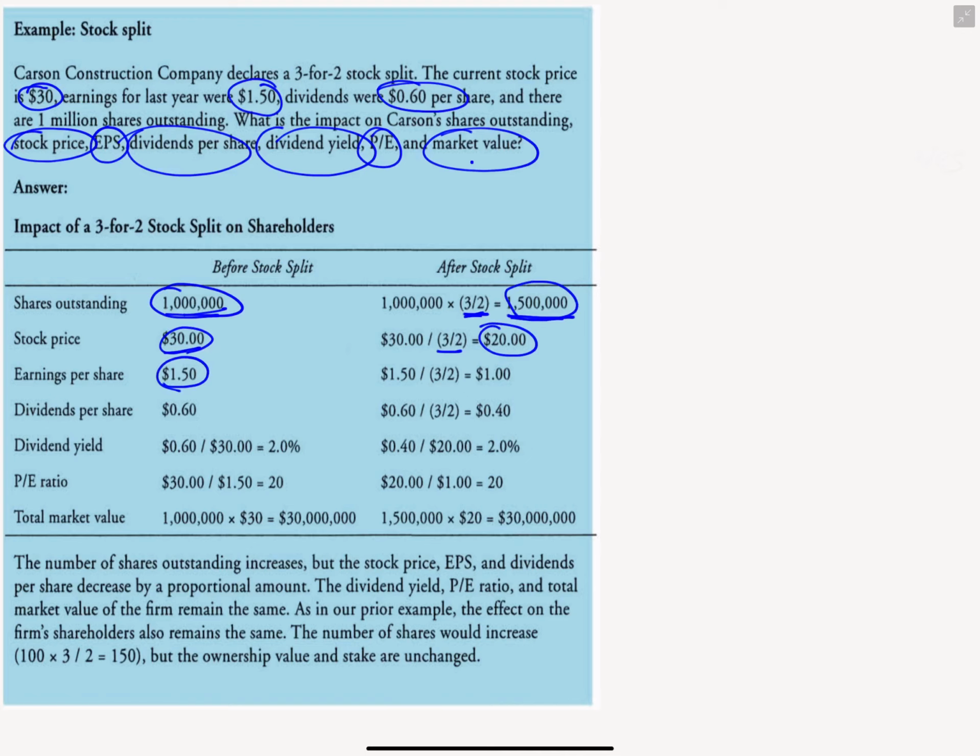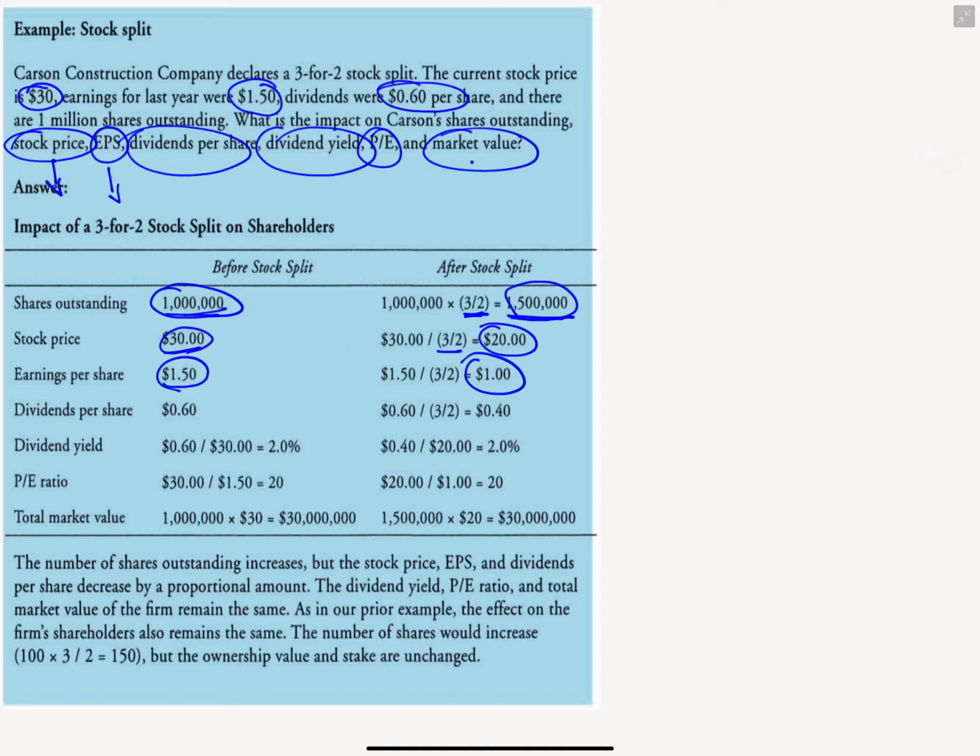Every share should earn less in order to maintain the same value, 1.5 becomes $1. We said the stock price will fall and earning per share will fall.